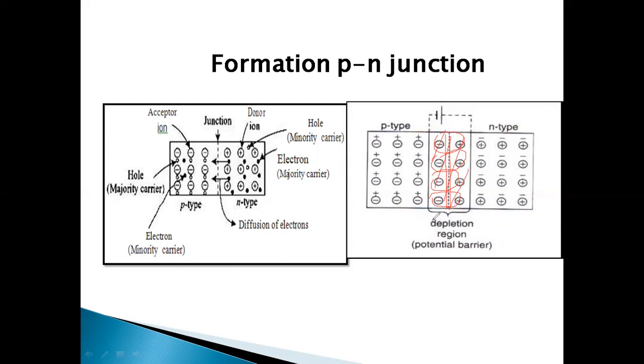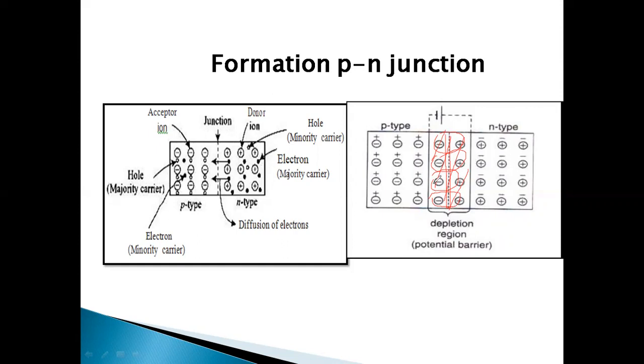So this is the region where you don't have any charges. Why? Because all the charges get recombined due to the attraction between opposite kinds of charges.